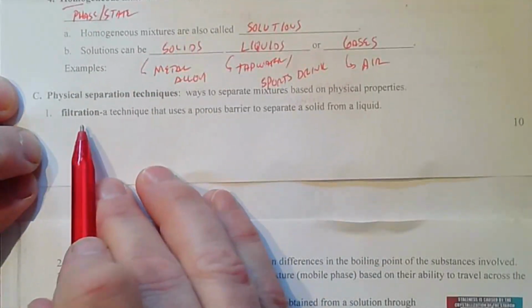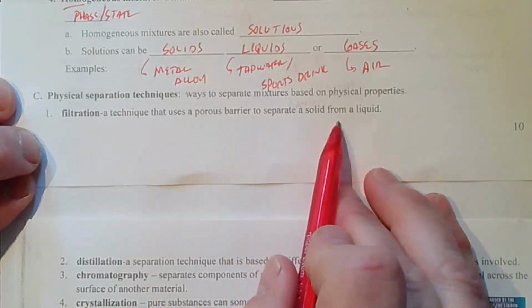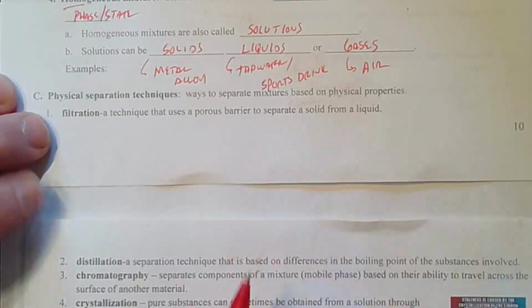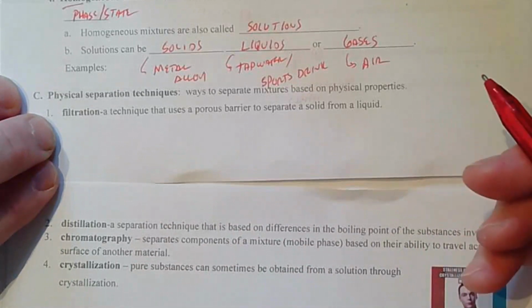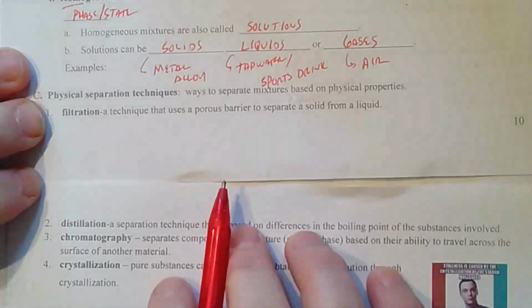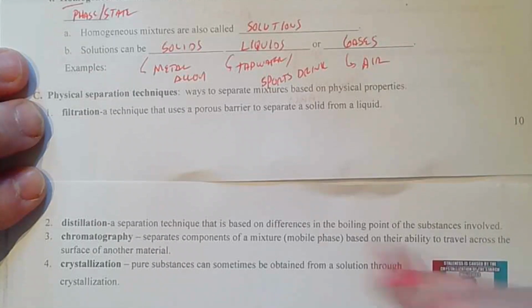And this is just a technique that uses a porous barrier to separate a solid from a liquid. And we're just separating this mixture based on the physical properties. So you may recall, again from the aluminum foil and the copper 2 chloride lab, when you were done with your material, you brought it up to the front lab station and poured it into one of the funnels that had filter paper in there.